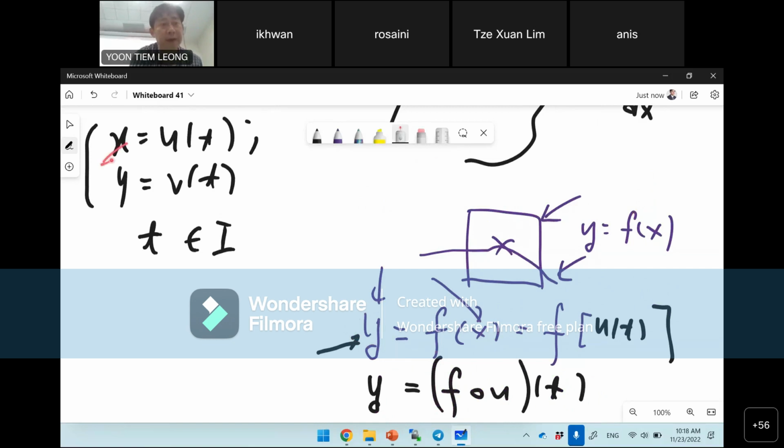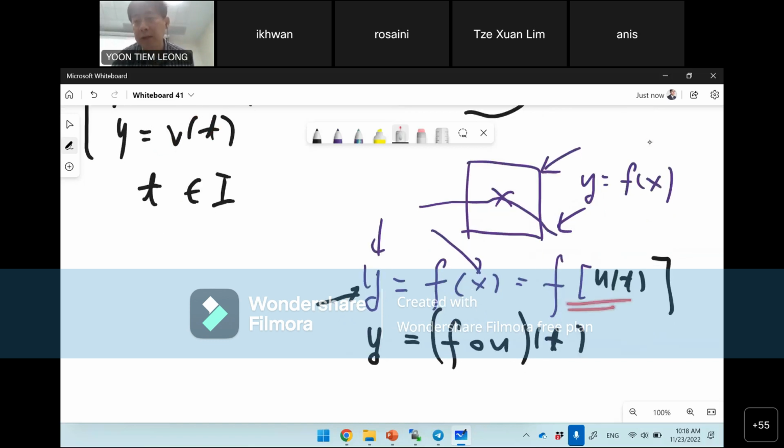Since we assume x and y are parameterized in terms of t through equations u and v, the value of x can be expressed as u of t. So the y value equals f evaluated at the x coordinate, which is given by u, with the parameter t as an input.